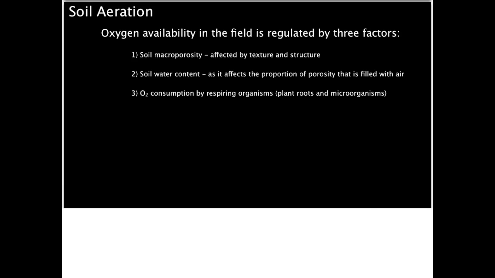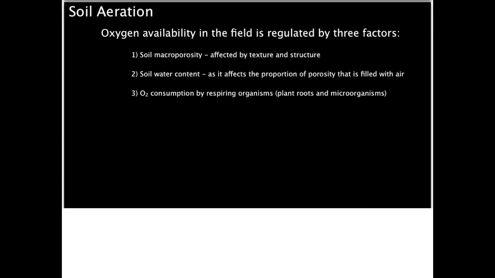And then how much of the oxygen that's in the soil actually is being used by roots. So we call this oxygen consumption. O2, oxygen as a gas. Oxygen consumption by respiring organisms. So plant roots, microorganisms, earthworms, nematodes, all these sorts of things will breathe in oxygen in order to respire, in order to break apart energy.